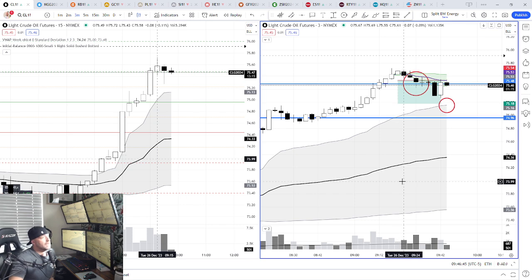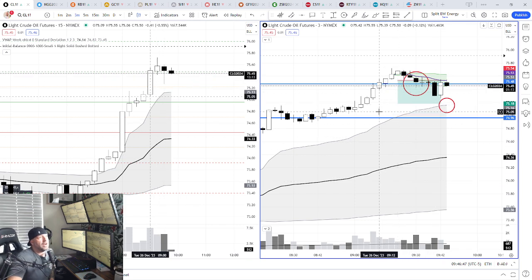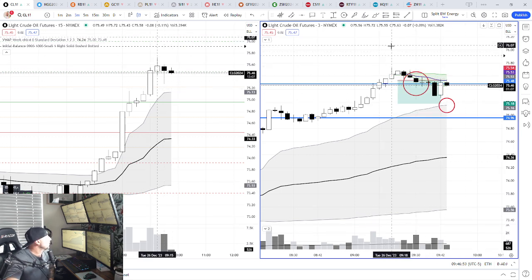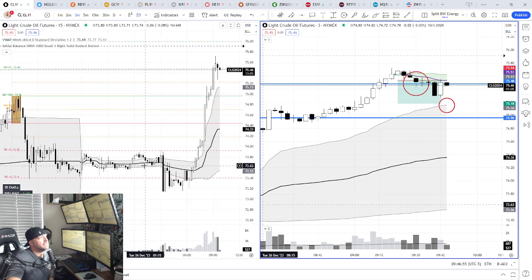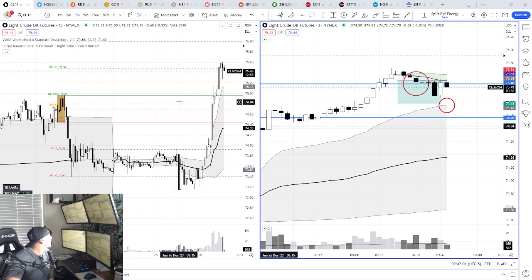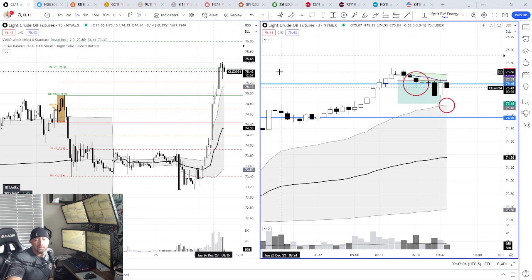The imbalance trader looks for longs off value area high and shorts off value area low, but also there's a mean reversion trade on the initial balance. We get these levels, 50%, 2x, and 3x of the initial balance, the first hour of trading, and those make great mean reversion trades.